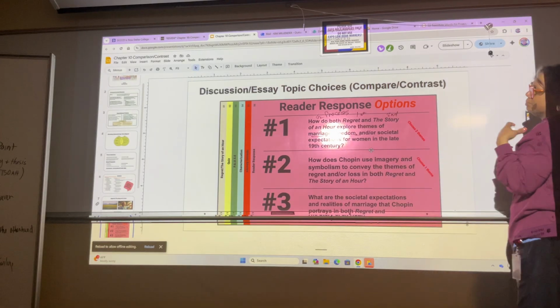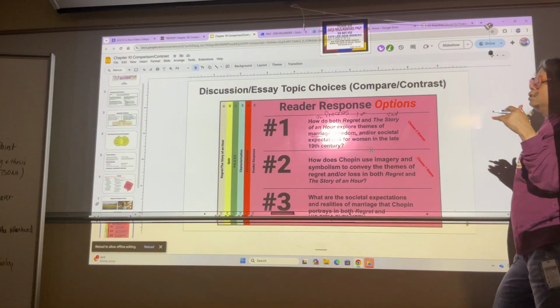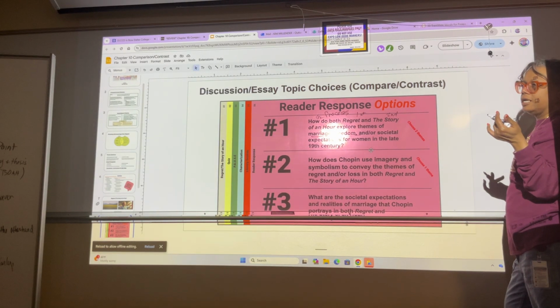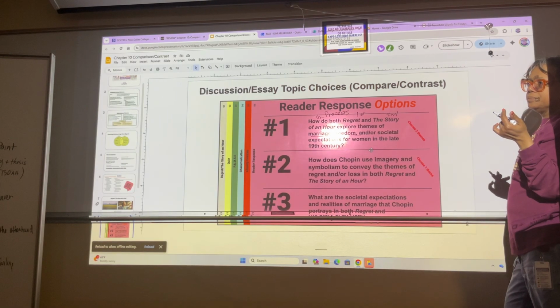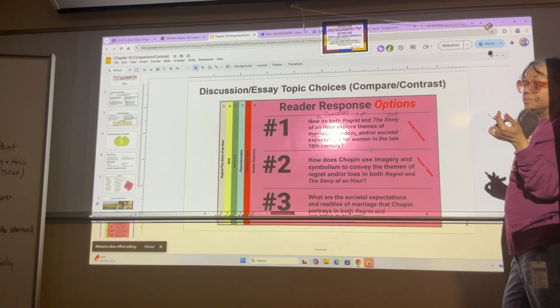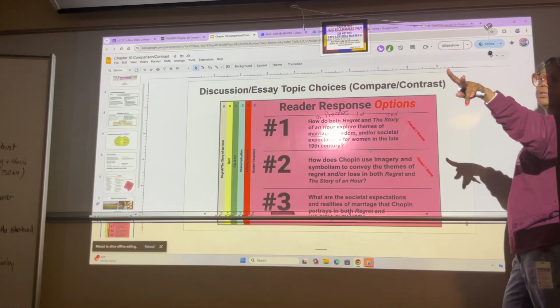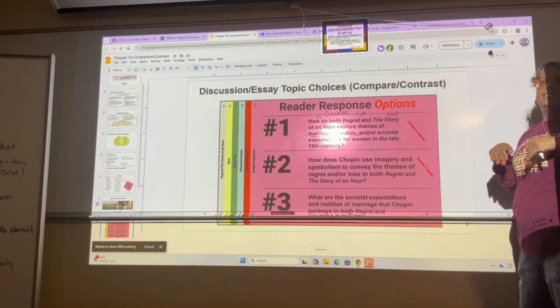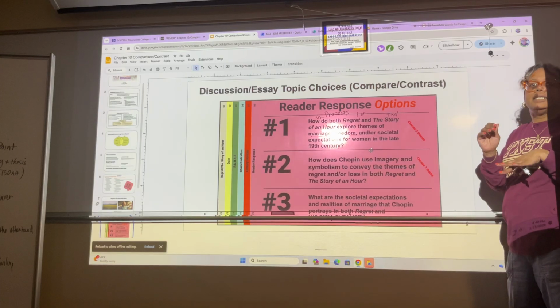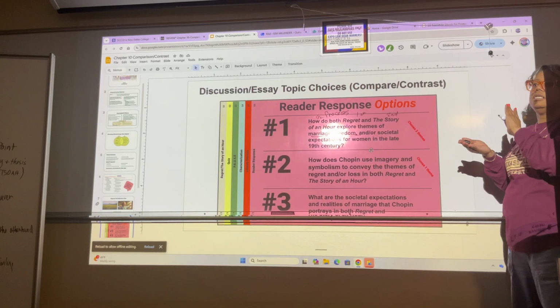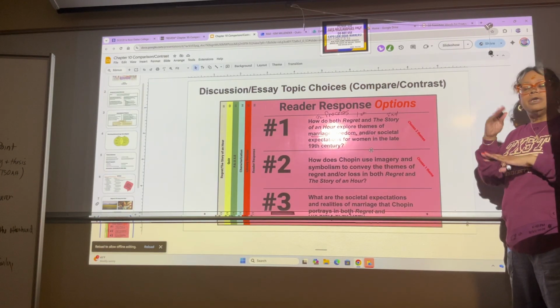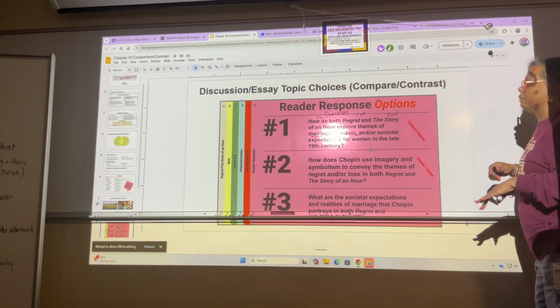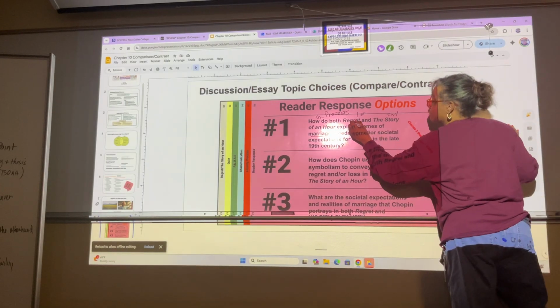And then it's saying "explore." So what does it mean when it's saying explore? Go deeper. Go deeper into both of the texts. Both of y'all said it. So you're going to go inside the text. You really have to go in and see. It's not saying that it's literally sitting on top. You need to go in and find what you're looking for, right? So this is go deep.